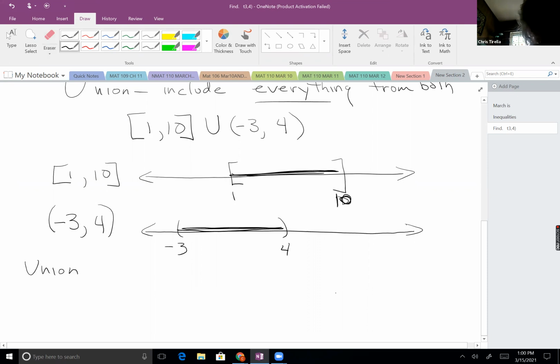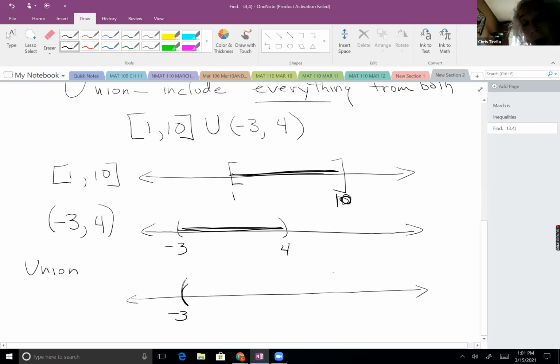I'm combining them, I'm putting them together. I'm not just taking the overlap, but I'm taking everything from both. So the lowest I'm going is -3, but I'm still not including it because it wasn't included in this set. I've got everything in the overlap.